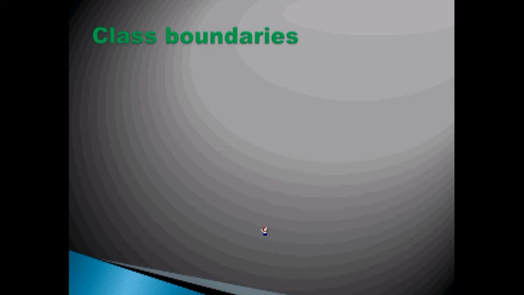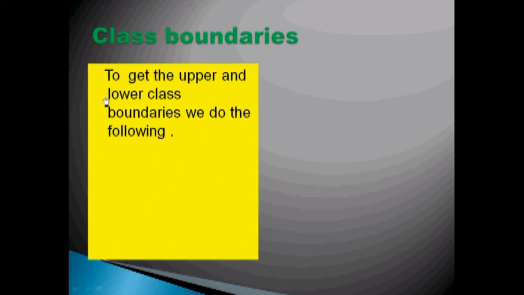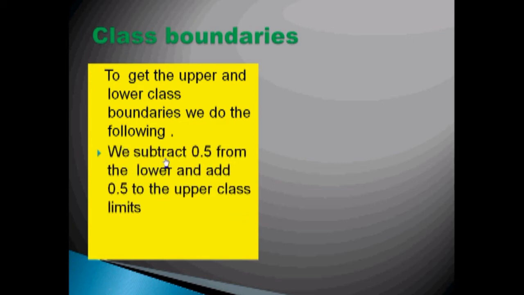Next, class boundaries. Note, to get the upper and lower class boundaries, we do the following. We subtract 0.5 from the lower and add 0.5 to the upper class limits. And that is how you get the upper class and lower class boundaries.